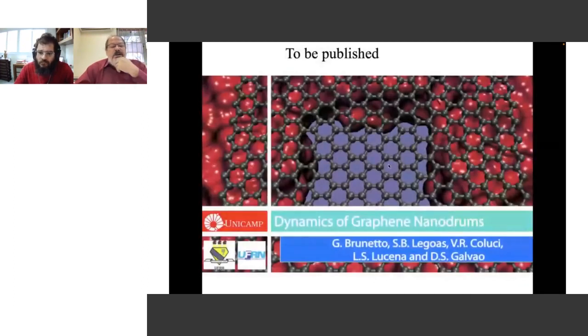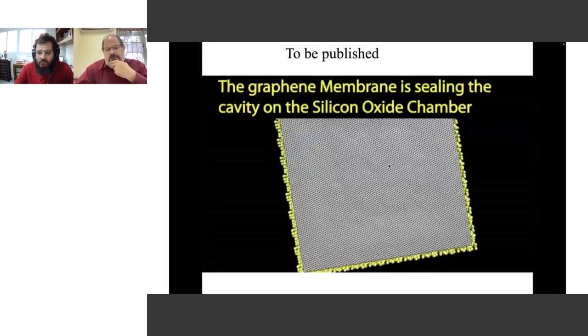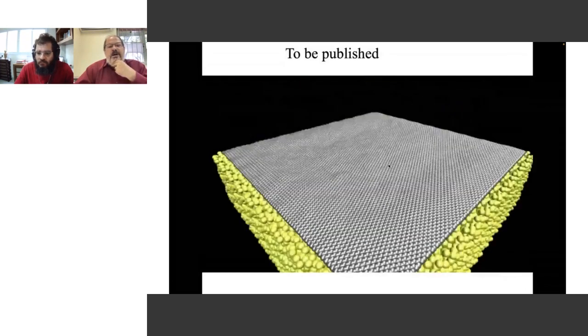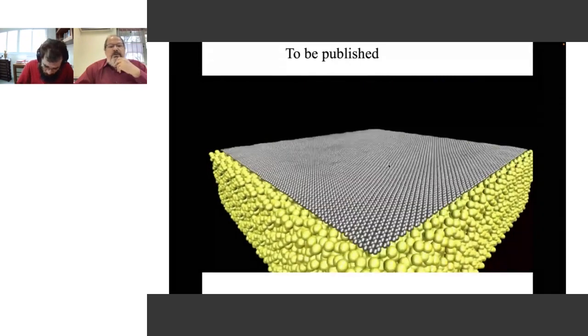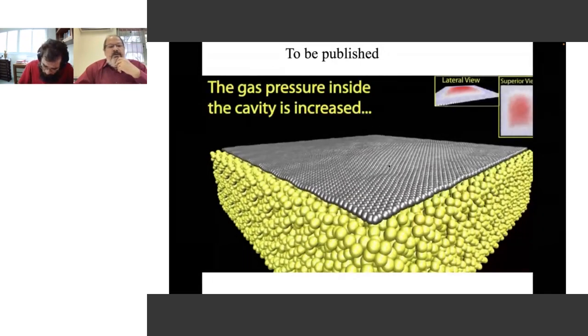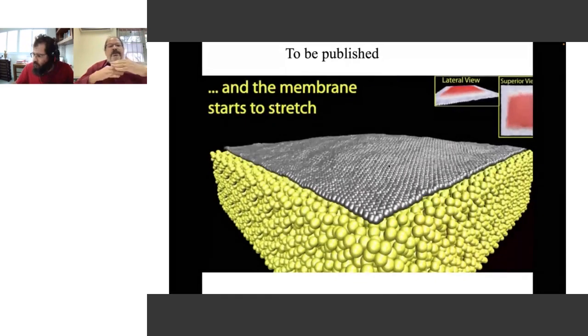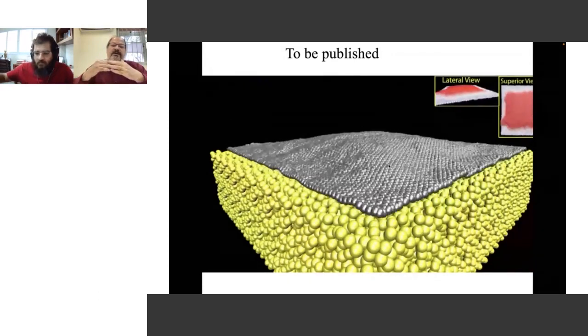We borrowed this idea in a project in collaboration with Petrobras to design a sensor that could be used in harsh environments. We have the same idea here. We have the silicon oxide, which is basically glass. We deposited a graphene membrane on top of this, filled it with gas, and increased the temperature. We'd like to know how the detachment happens, whether we have leakage or a sudden detachment.